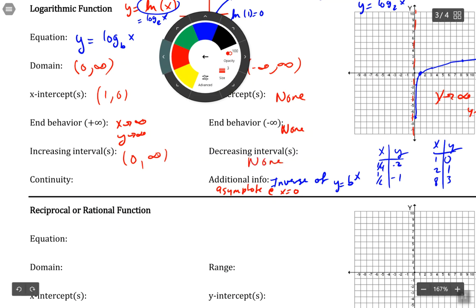Is it continuous as long as I restrict the domain, as long as I define where it's good? Can I say it's continuous when it's less than 0? No. Where do I draw it and not pick up my pen? Over here in the positive x's. It can't be at 0, can't be negative. So do I have the same interval for continuity as I do for the domain and increasing? It's not defined anywhere else.